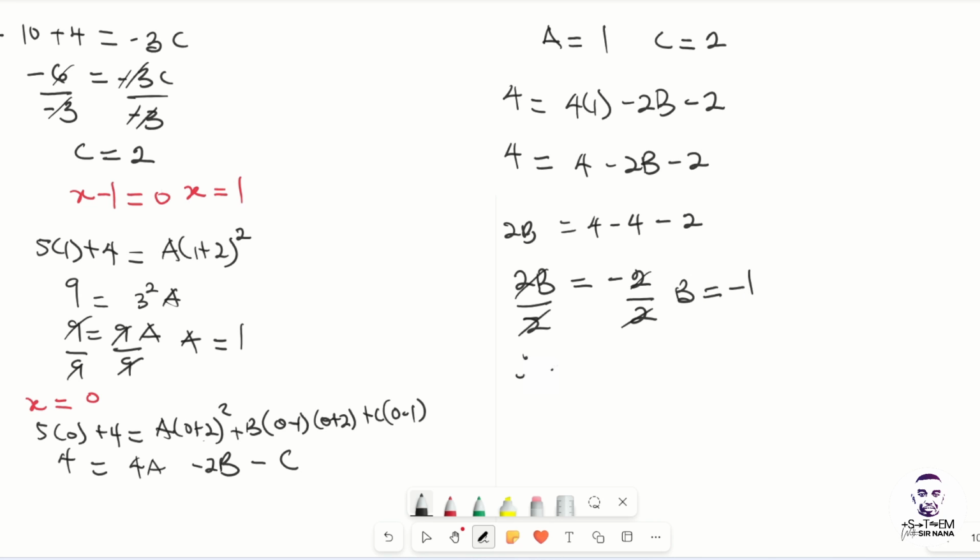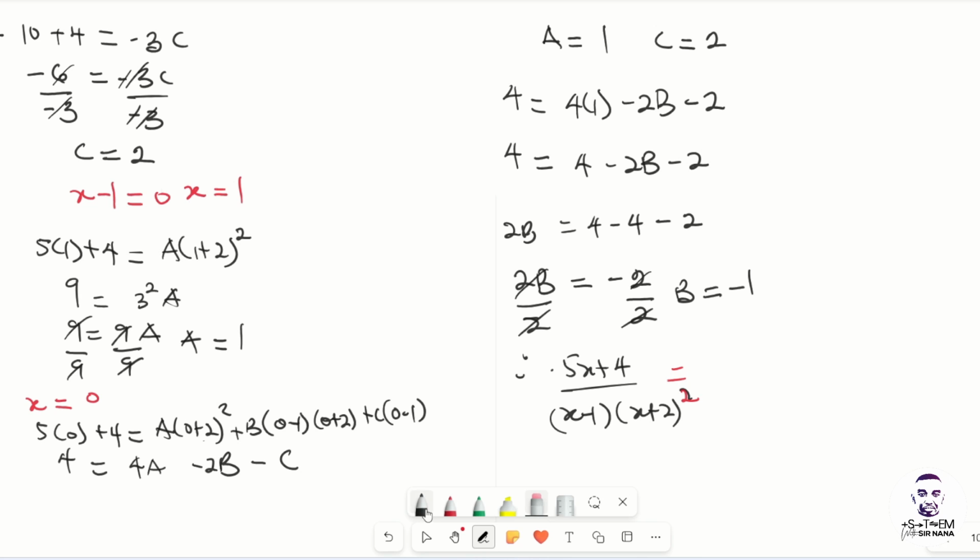So therefore, we can write our expression 5x plus 4 all over x minus 1, x plus 2 all squared, as having a, and what is a?